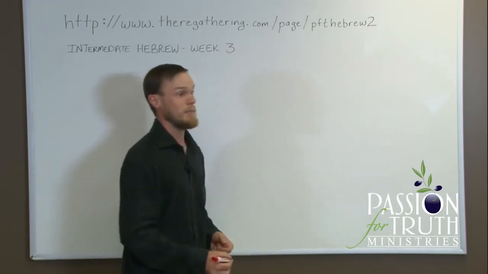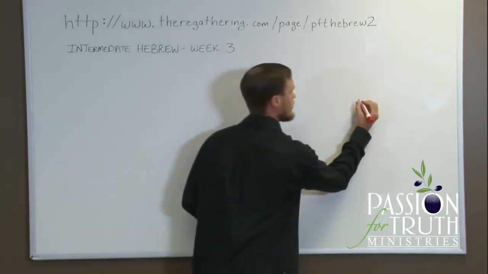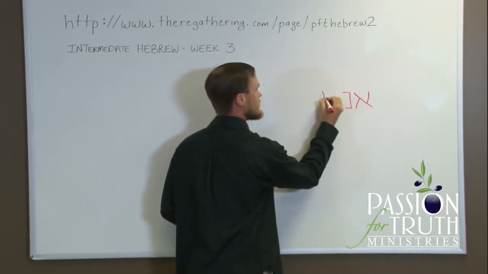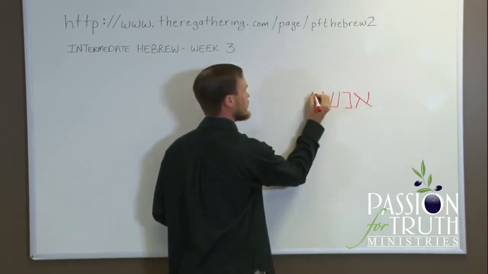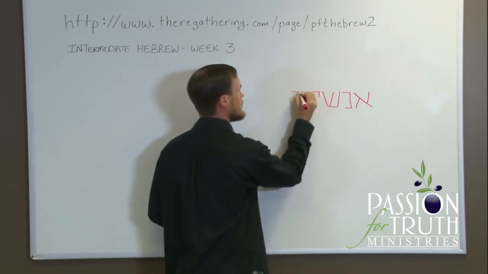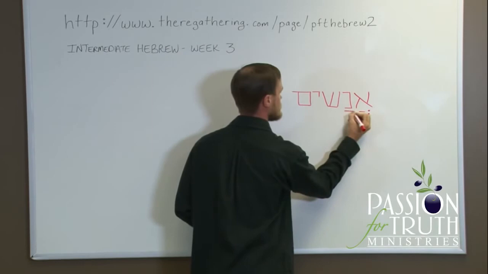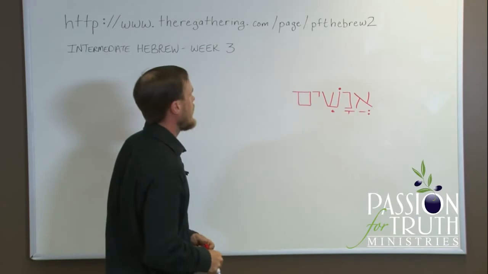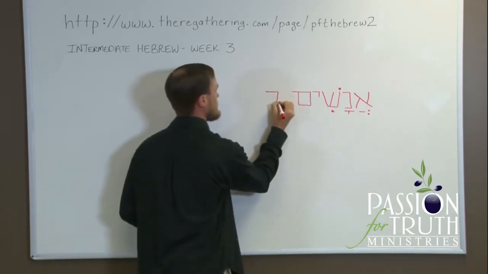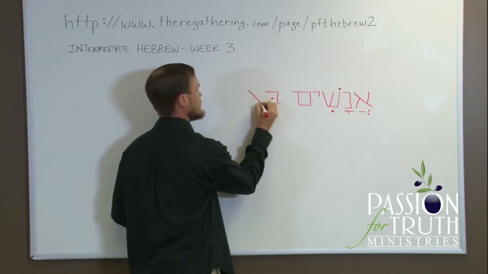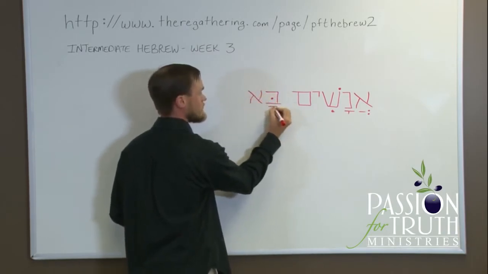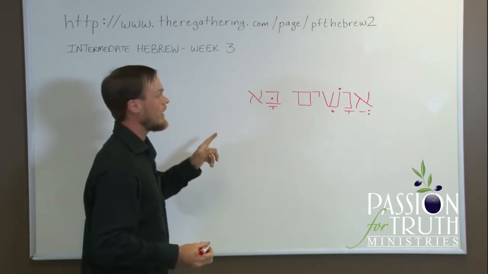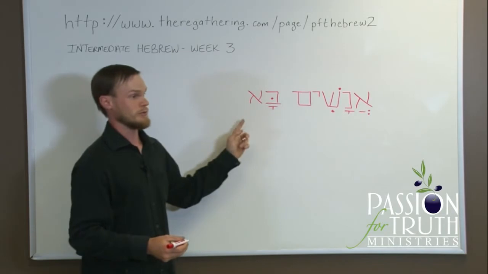Suppose we were to say that men are coming. Now, of course, man, as we discussed, has an irregular plural. Ish has an irregular plural. So we write anashim for men. All right, we know that ba is masculine, right? So ba applies to ish. So we're on the right track with ba. However, number is also important with verbs.